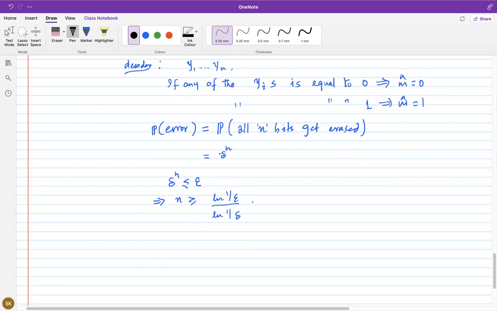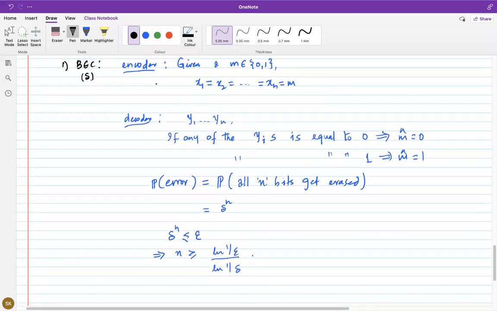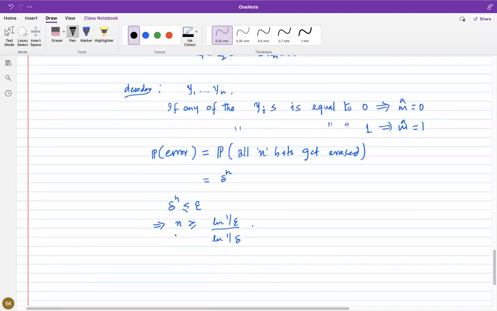And then if you want to have a probability of error less than epsilon, then you need to send the same message with this repetition code, or this encoding scheme, n number of times. And that n depends on both delta and epsilon, and you should have at least these many repeated transmissions so as to send just one bit reliably.